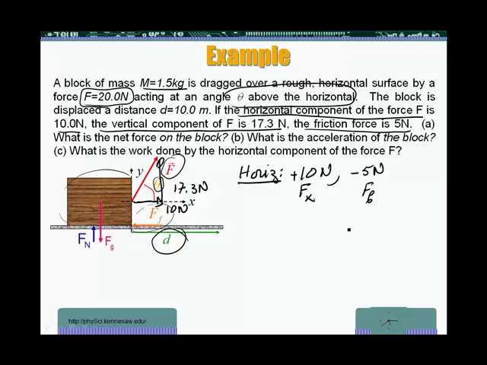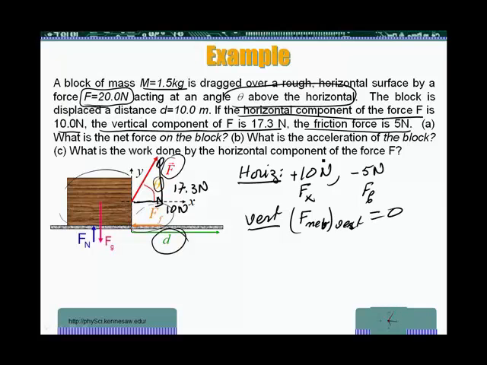Now for the vertical, I don't have to worry really about the vertical for the net force because we know that it is not moving up or down. So we know that along the vertical, my net force, vertical, is equal to 0.